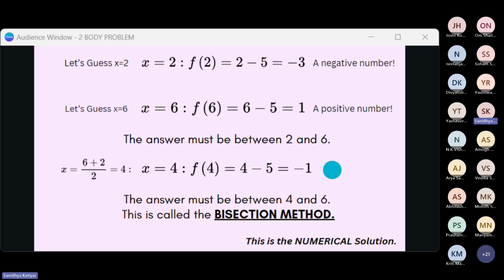We have this equation: the derivative of velocity with respect to time is equal to the second derivative of the position vector with respect to time, which equals acceleration. And we know that the acceleration of a body in the two-body problem is equal to G times the mass of the other body upon r squared, where r is the distance between those two bodies.